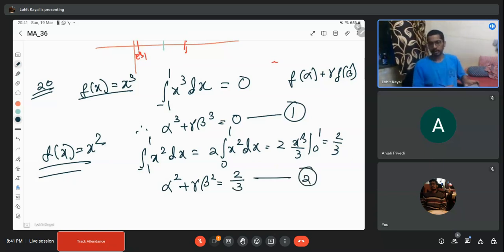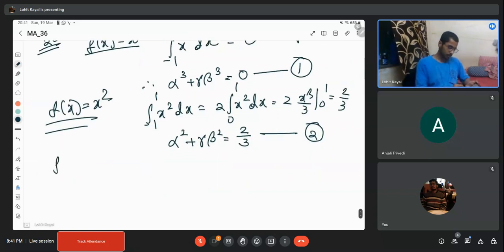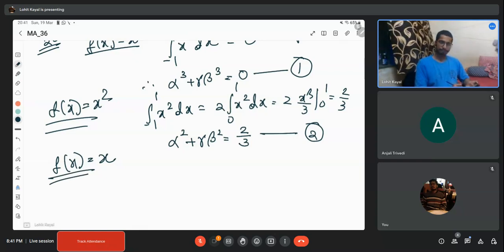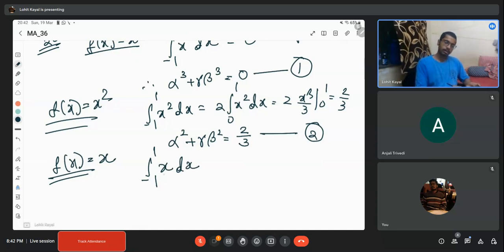This is the second equation. But there are three unknowns: alpha, gamma, beta. So let's go down to another order. If f(x) equals x, the integral from minus 1 to 1 of x dx is again an odd function, so it is 0. So alpha plus gamma beta equals 0.